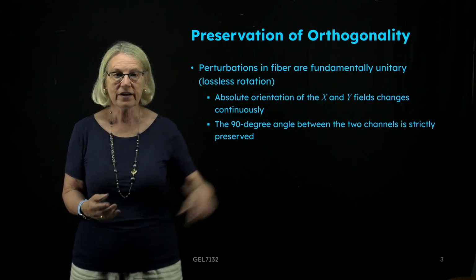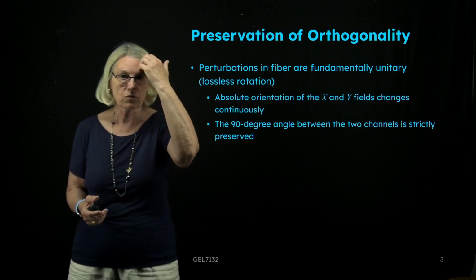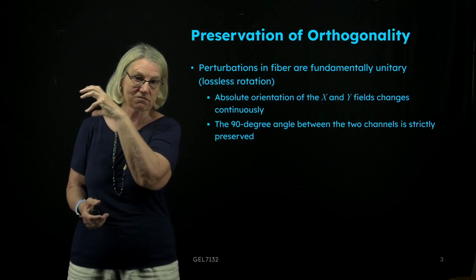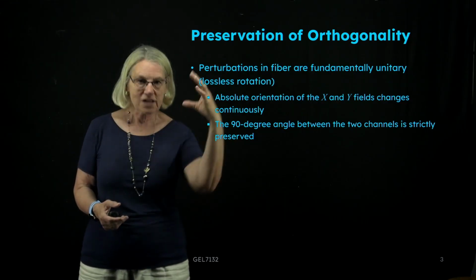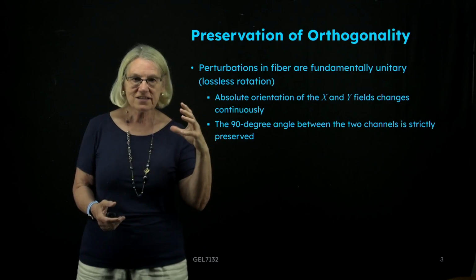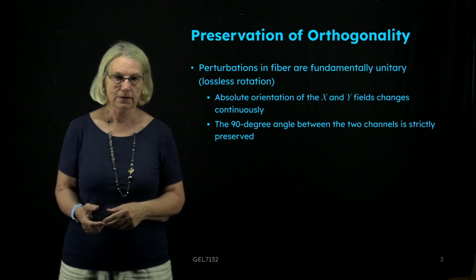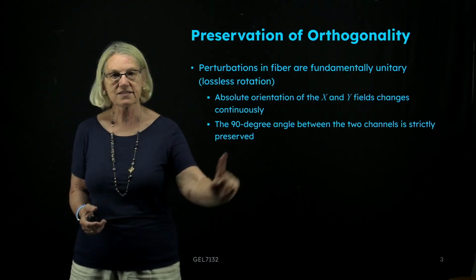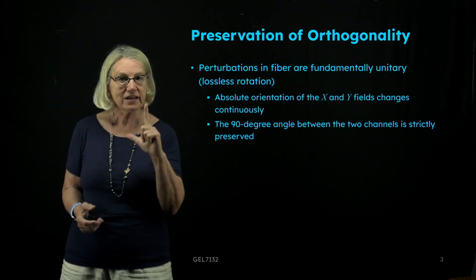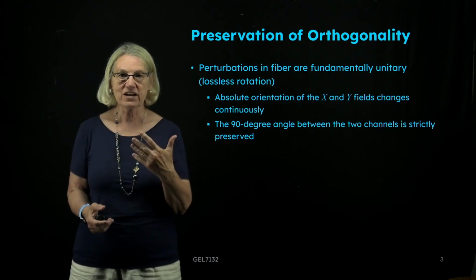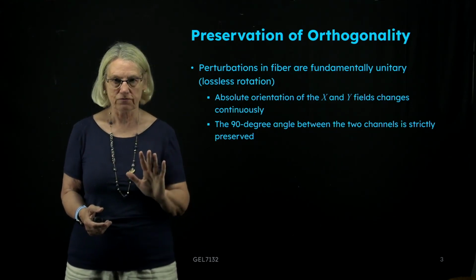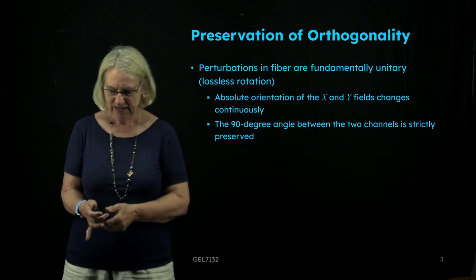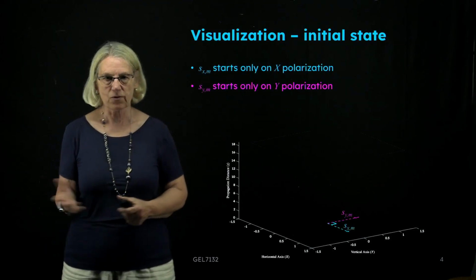So the orientation of the X and Y fields that we're propagating, our modulated signal, which is on two different polarizations, this orientation can change. But what's important to realize is that the 90-degree angle between the X and the Y channels is strictly preserved. So let's look at an illustration of what is going on.